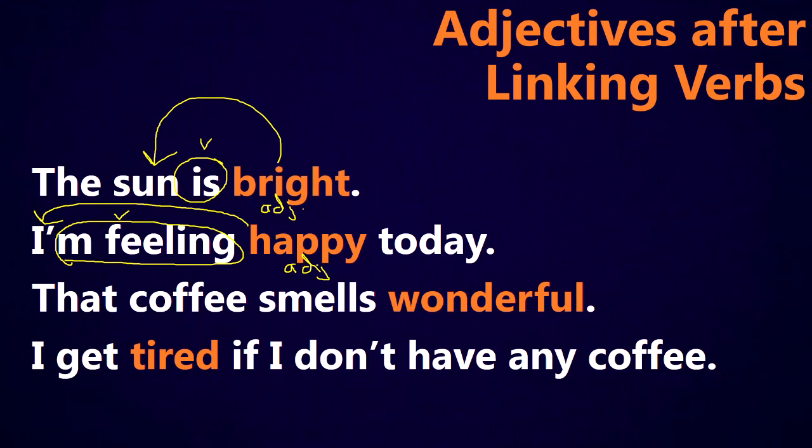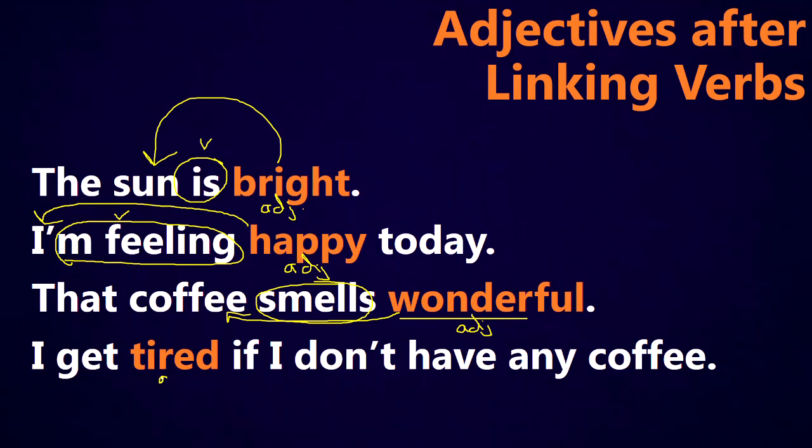Or that coffee smells wonderful. So wonderful is my adjective, and it's describing the coffee through this linking verb smells. It's describing how the coffee smells. Or I get tired if I don't have any coffee.